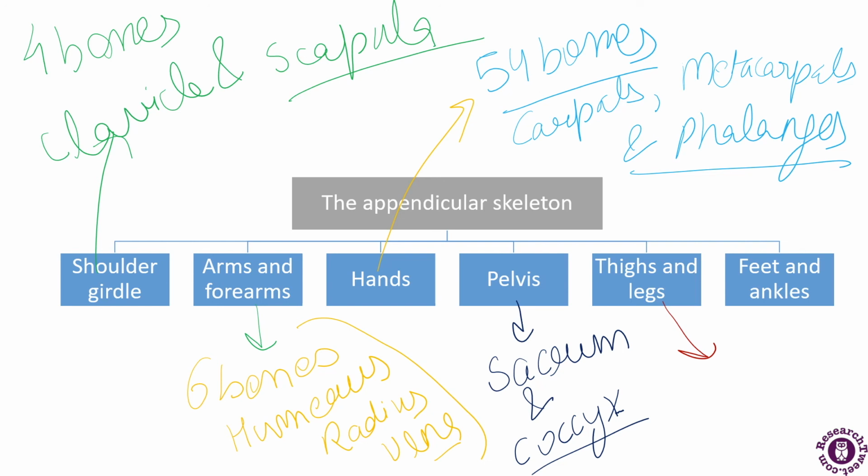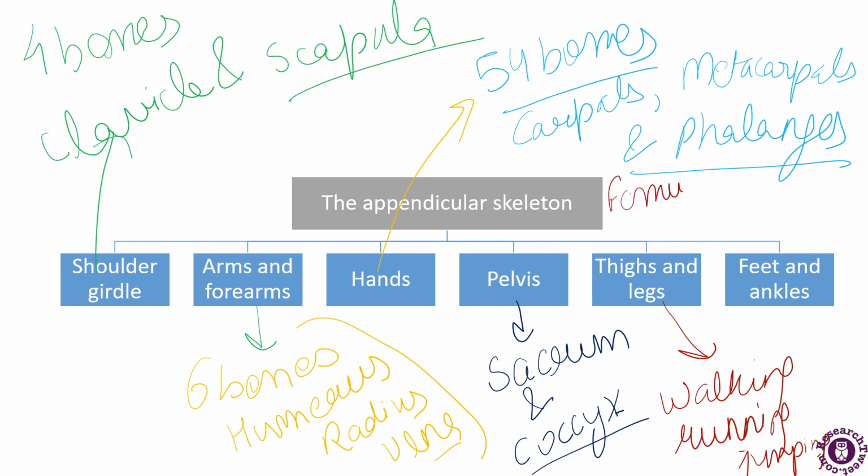These muscles help in walking, running, jumping, etc. It also has some bones, which are divided as the femur, the thigh bone, then the tibia and fibula. So these are the bones of the thighs and legs.